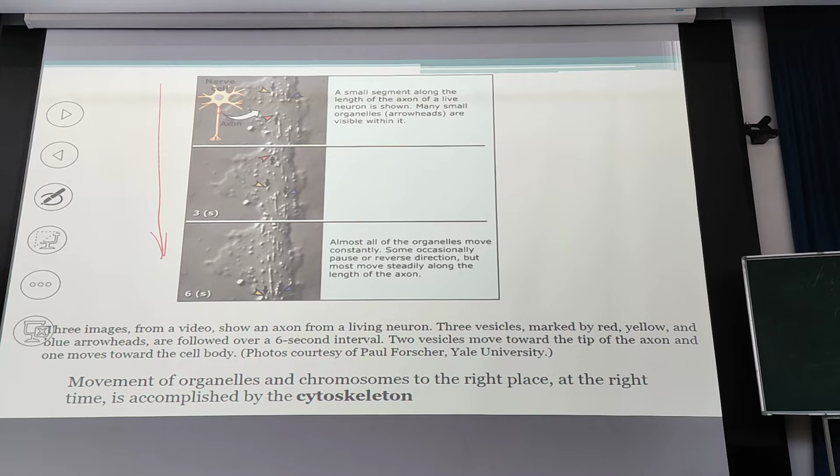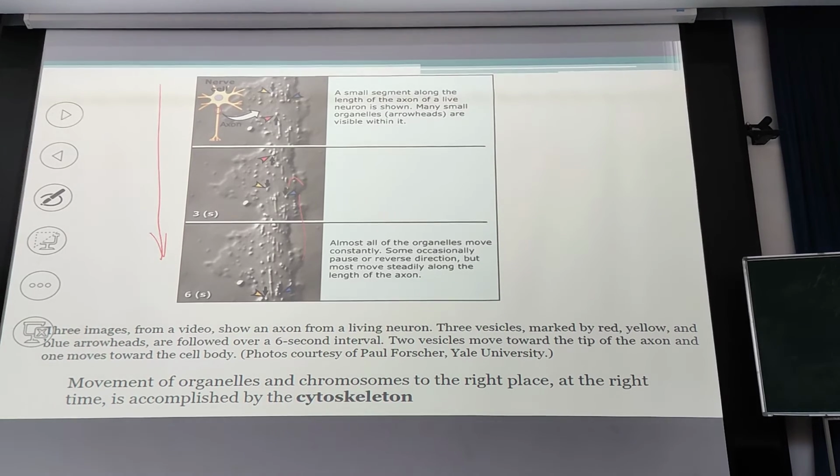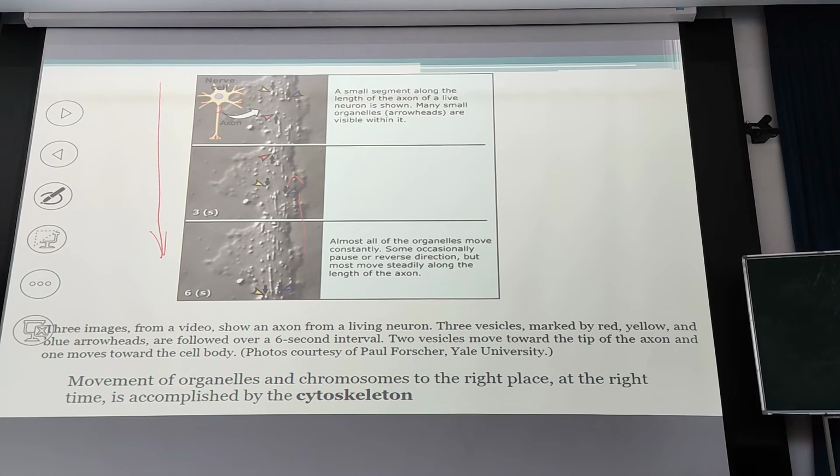Two vesicles move toward the tip of the axon, and one moves in the opposite direction. How these vesicles can move in the right directions is all with the help of cytoskeletons.